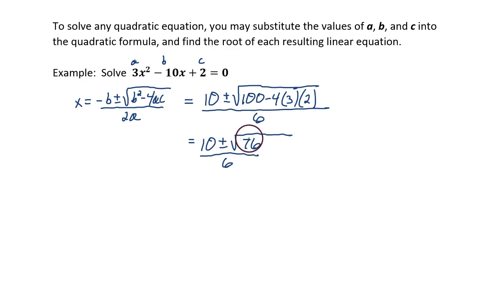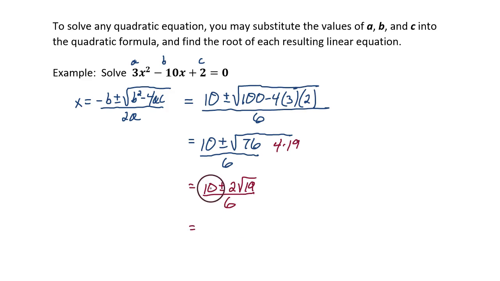Certainly, the nicest thing that could have happened is if the square root of 76 just made an integer. But that didn't happen here. Can we factor 76? Well, 76 is the same thing as 4 times 19. And we can take the square root of 4. So in the next step, we have 10 plus or minus 2 square root of 19. And that's all over 6.